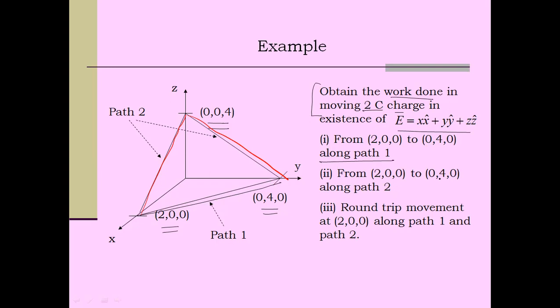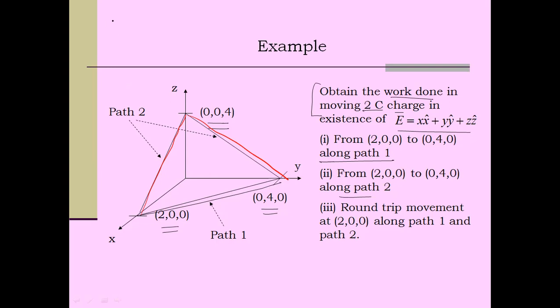Then, with the same starting point and end point but a different path, path number 2, what is the work? And the third one is the round trip movement. Let us proceed with number 1 first, which is the movement of a 2 coulomb charge from (2,0,0) to (0,4,0) using path number 1.